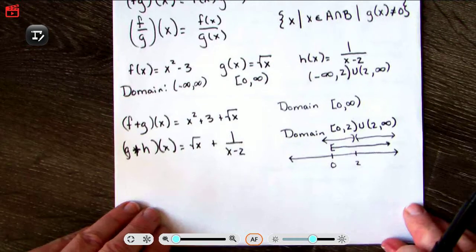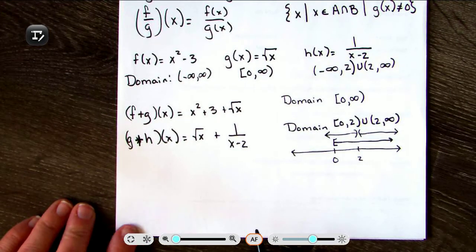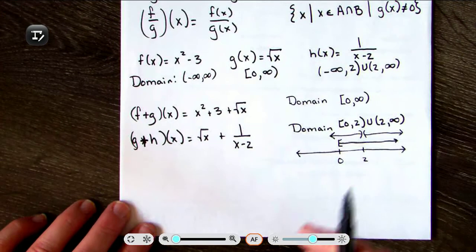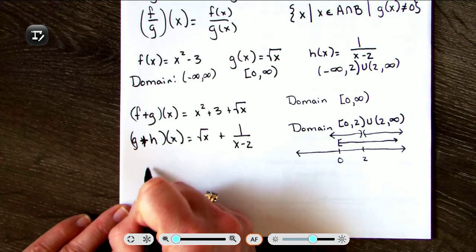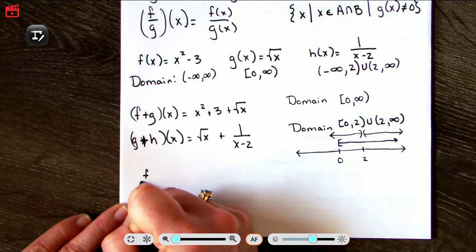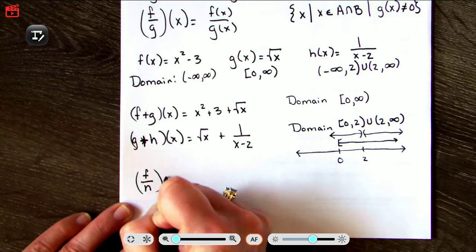All right, let's do a couple more. Let's do a division problem. Let's do f divided by h of x.